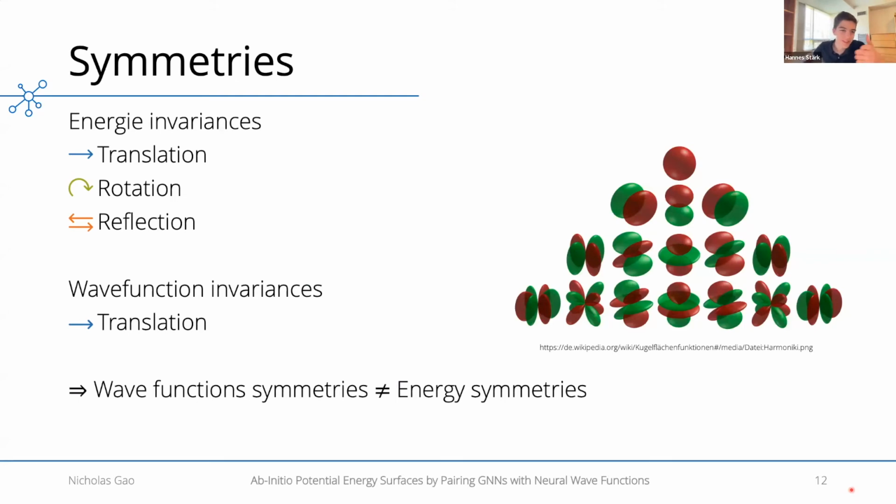So we want our wave function, because this will be drawing our orbitals later on, to be equivariant and not just invariant.